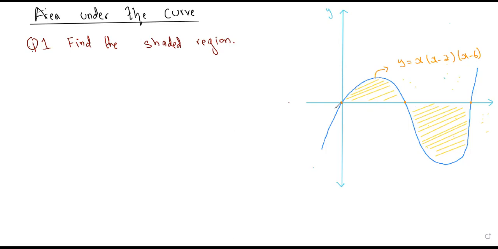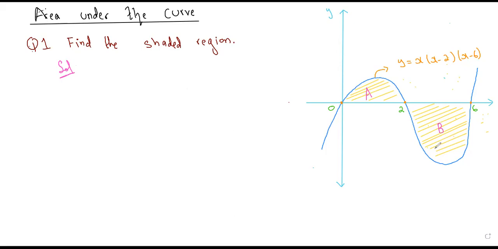Okay, so this would be 0, this would be 2, and this would be 6. Very good. Now you are supposed to find the shaded region. So in this question, we have 2 shaded regions, right? I'll just write down A and B. This is A and this is B.